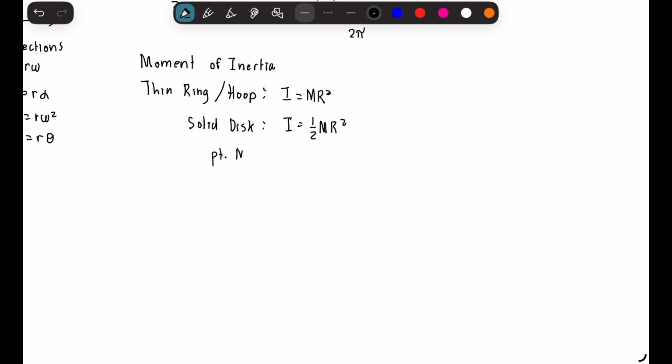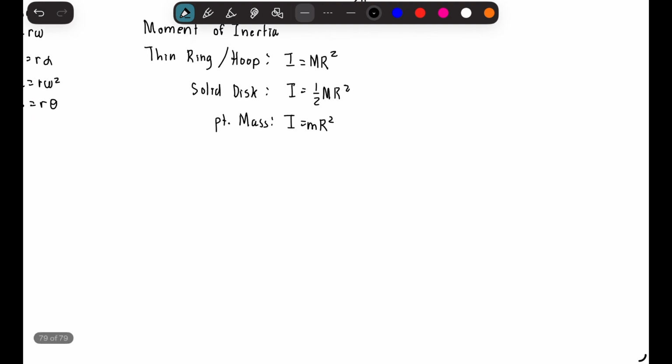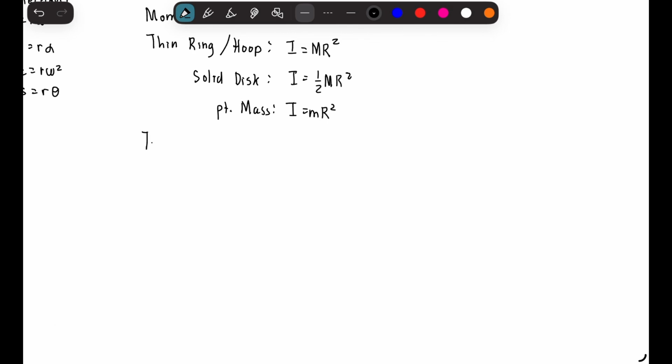For a point mass, I is small mr squared. Now for two masses on a rod, I is equal to the summation of mr squared plus the inertia of the rod.